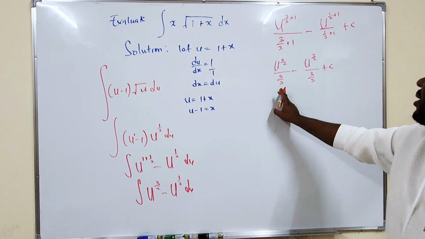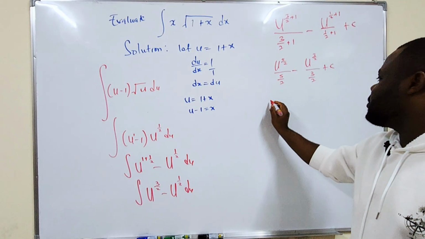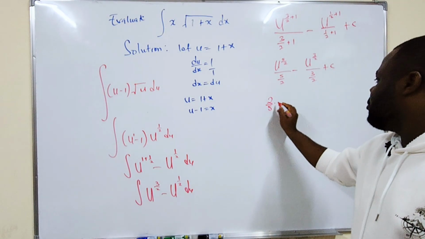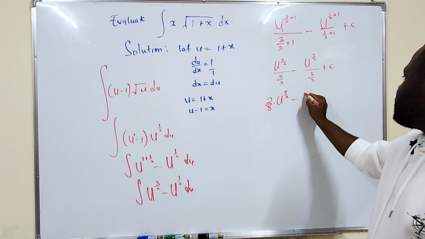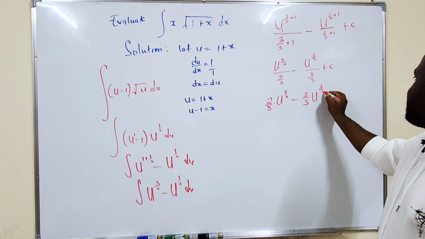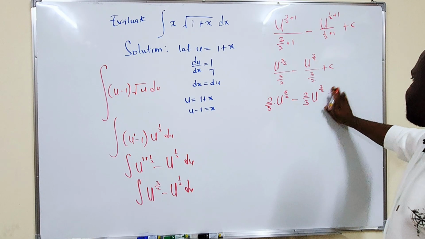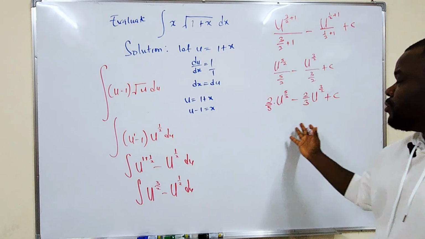We can rewrite this, because this is just like a complex fraction. So we can rewrite this to be 2 over 5 multiplied by u to the power 5 over 2, then minus 2 over 3 multiplied by u to the power 3 over 2, plus c. And that is how to find the answer.